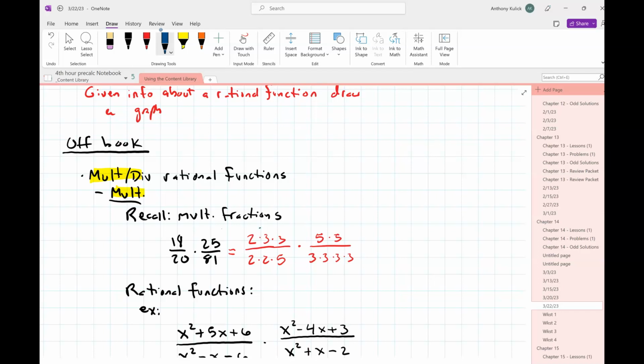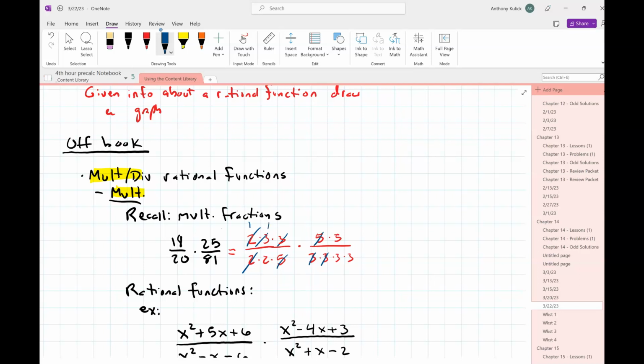Now I can reduce. So anything from the top could reduce with something from the bottom. And when I cross these out, when I reduce these, what do these numbers become when they get crossed out? They don't become 0, they become 1. Why do they become 1s? Because 2 divided by 2 is just 1, right?